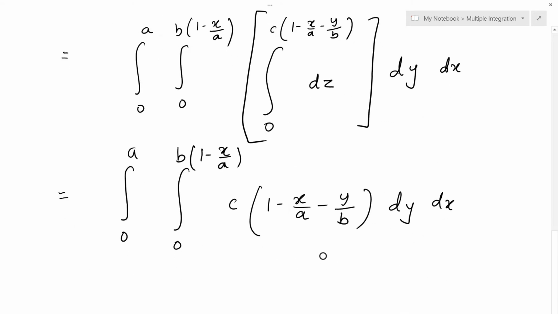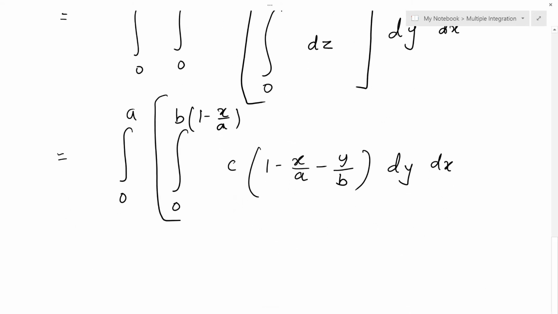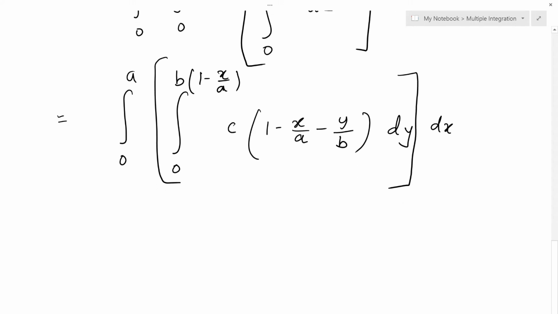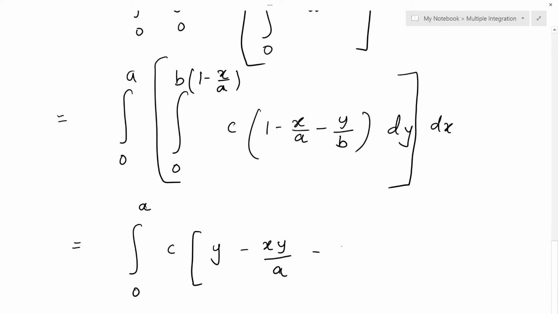So now let's integrate with respect to y. Next integration will be with respect to y. Now c is a constant anyway, so 0 to a, c will be as it is. I'll take c outside. So one integration will be y minus xy/a, and this will be y square by 2b, and limits of integration are 0 and b into 1 minus x/a.